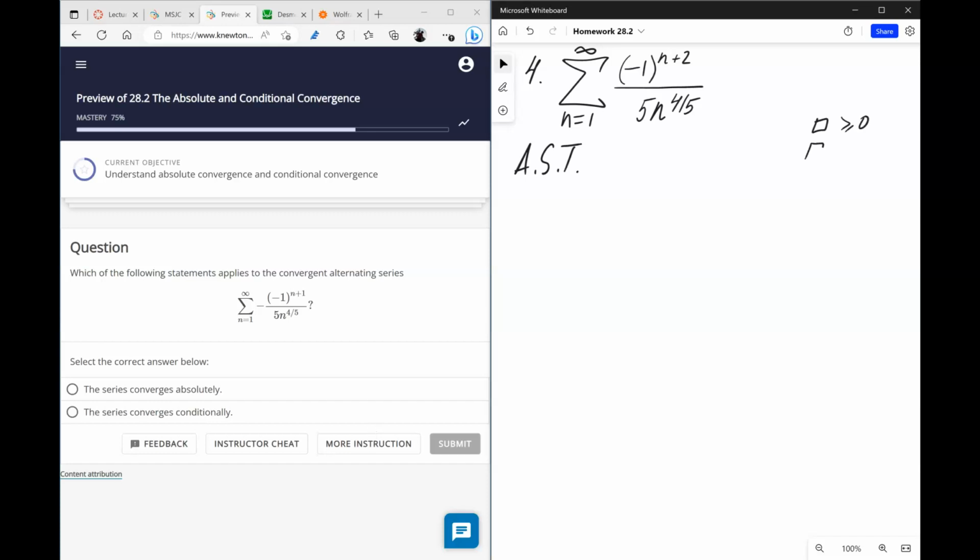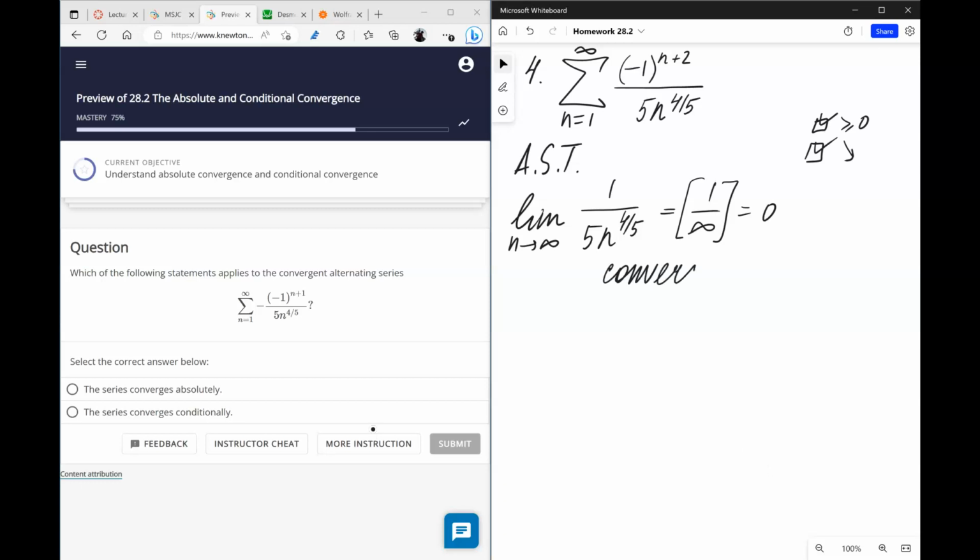It's positive and decreasing, so we set up the limit as n goes to infinity of 1 over 5 n to the power 4/5. This limit is equal to 0. So we check this condition, and this condition. This original series converges by the alternating series test.